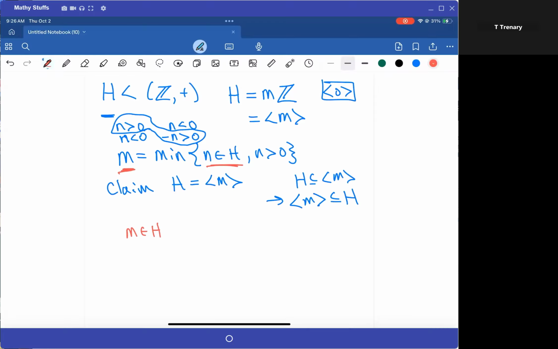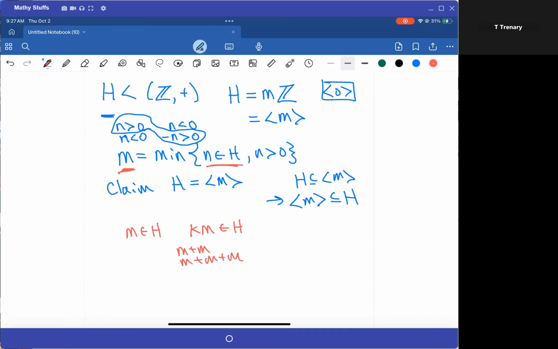And once I have M in H, I know that every power of M is in there. In other words, K times M is in H because M plus M is in there, and M plus M plus M, and then all the inverses as well.